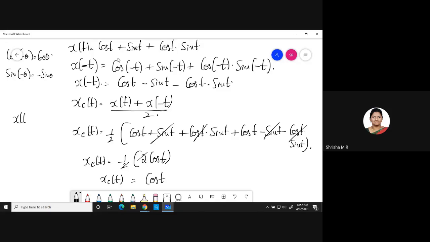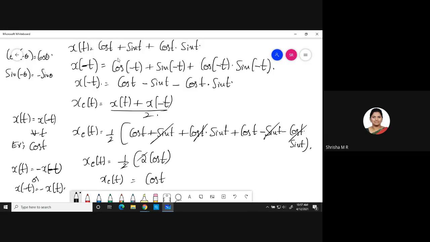Cosine is an even signal, right? What is the condition for an even signal? x of t is equal to x of minus t for all the values of t. One best example for an even signal is cos t. For an odd signal, x of t is equal to minus x of minus t, or x of minus t is equal to minus x of t.